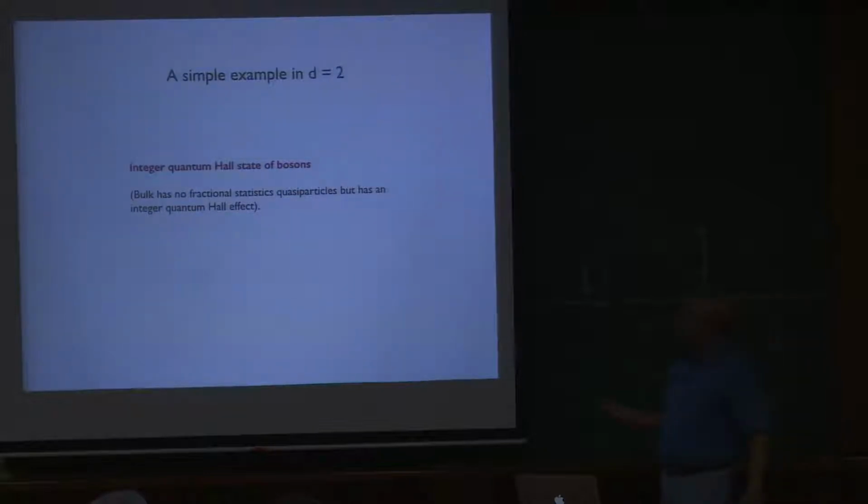So any discussion of an integer quantum Hall state of bosons must necessarily happen in a strongly interacting context, right? And so to talk about this integer quantum Hall state, what do we mean by it? The first thing we should mean is that the Hall conductivity is quantized to be an integer. Common sense, right? But we want to mean something more than that.